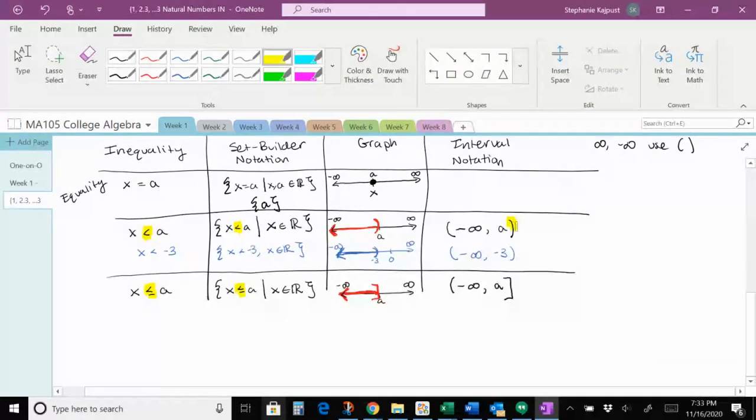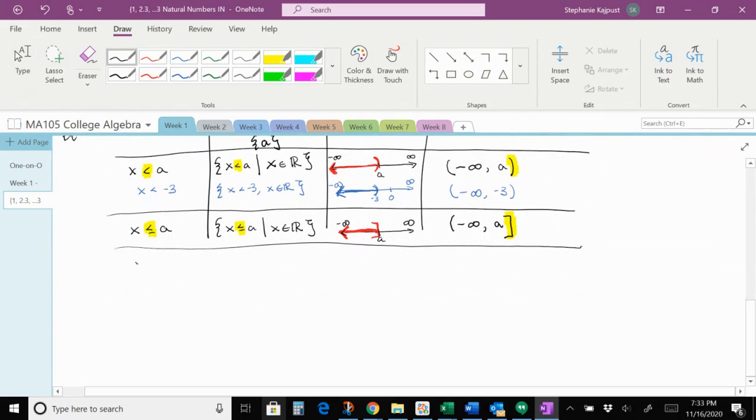The only thing that changed in interval notation is that parenthesis to a bracket, and that was because of the symbol. It went from less than to less than or equal to. So next would be greater than.